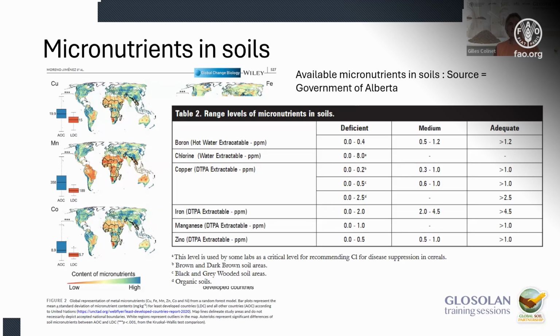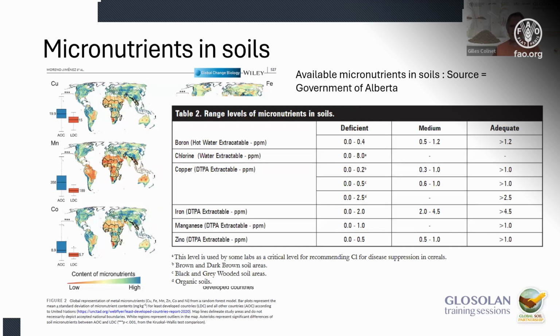The thresholds that you should use are probably context dependent. Again, here you can find some levels in Canadian soils. In Alberta, they propose some.